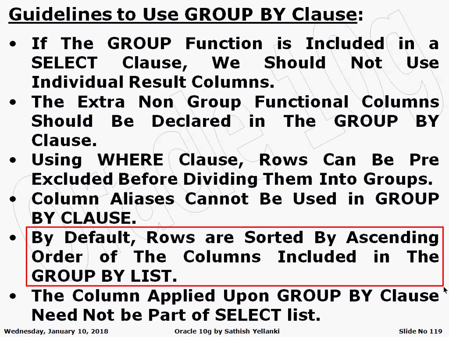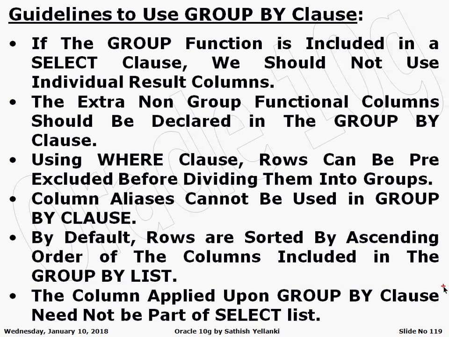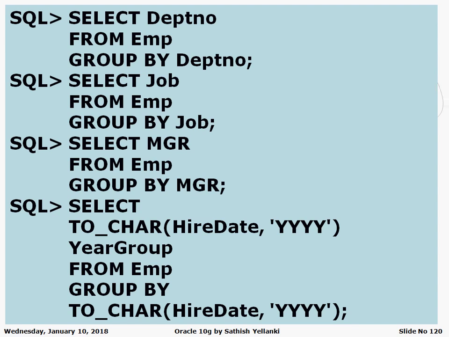If you don't catch this last point properly, fundamental confusions can arise. I am repeating once again, the column applied in the group by clause need not be part of the select list. The documentation is saying this in one context. If you don't catch that context and blindly operate on it, a lot of confusion will come when you are dealing with your group by clauses.